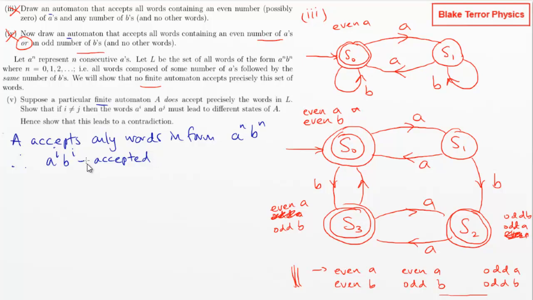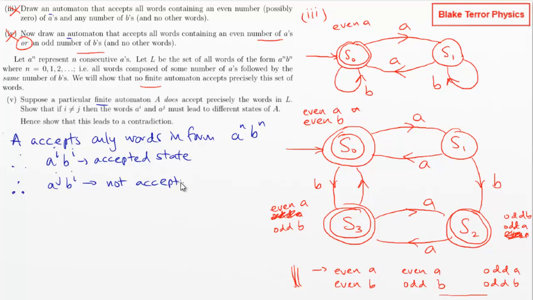Right, so that goes to an accepted state, so we know that much. We can also say that A^J B^I can't go to an accepted state because it's not in that format. So not an accepted state.